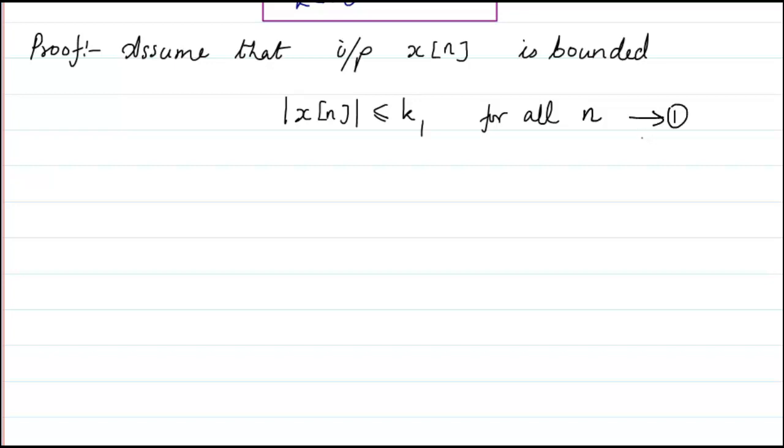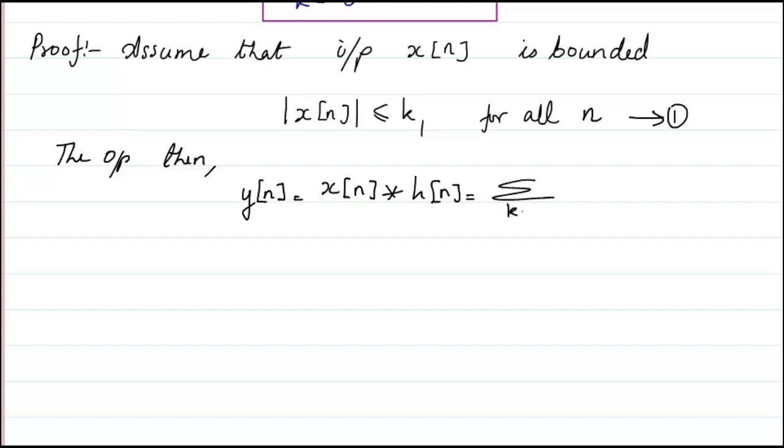Now we know that the output equation is y of n, which is the convolution of x of n with h of n, and the equation for that we all know is summation k equal to minus infinity to infinity x of k h of n minus k.